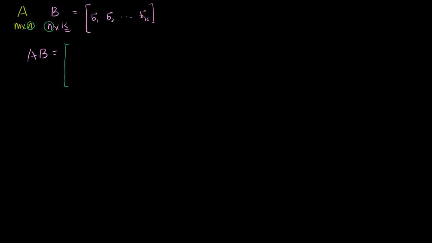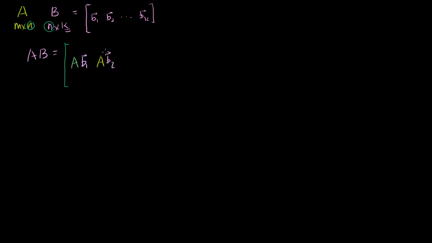So it's equal to A times B1. And then the second column of our product is going to be A times B2.